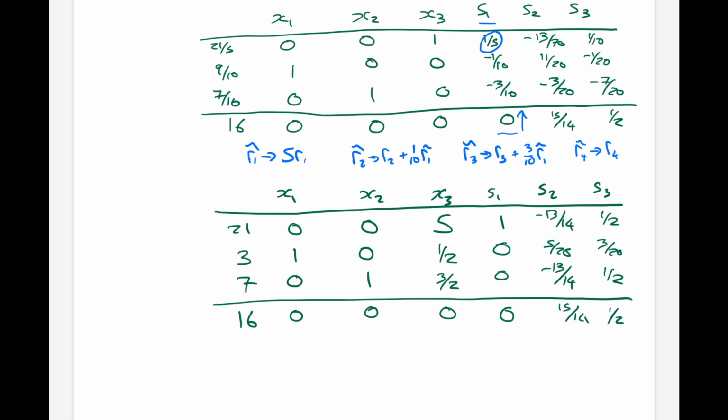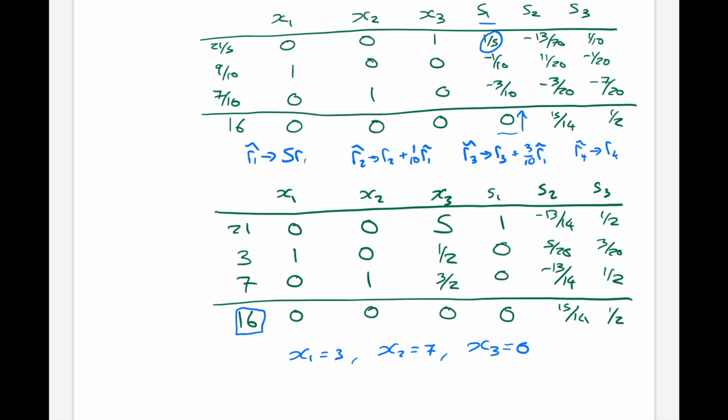this gives us a new optimal solution that we can read off as x1 is equal to 3, x2 is equal to 7, x3 is non-basic, so that would be set to 0, and that still gives us an objective value of 16. So these are two solutions that give us the same objective value, so these are equivalent and we know these are both optimal.